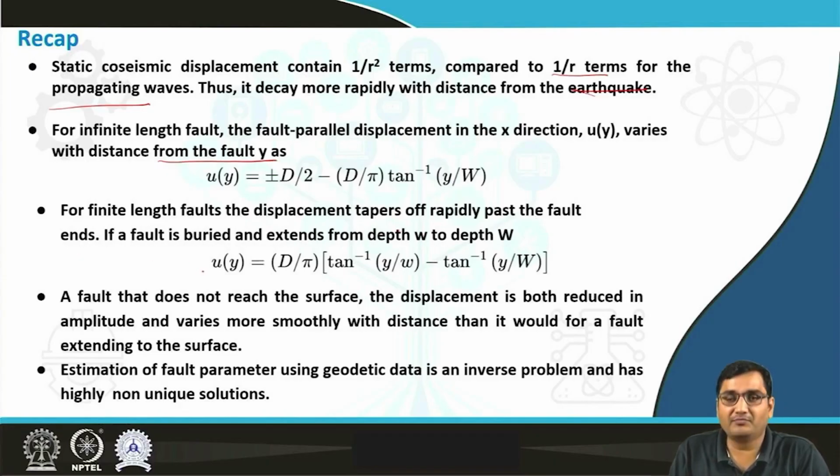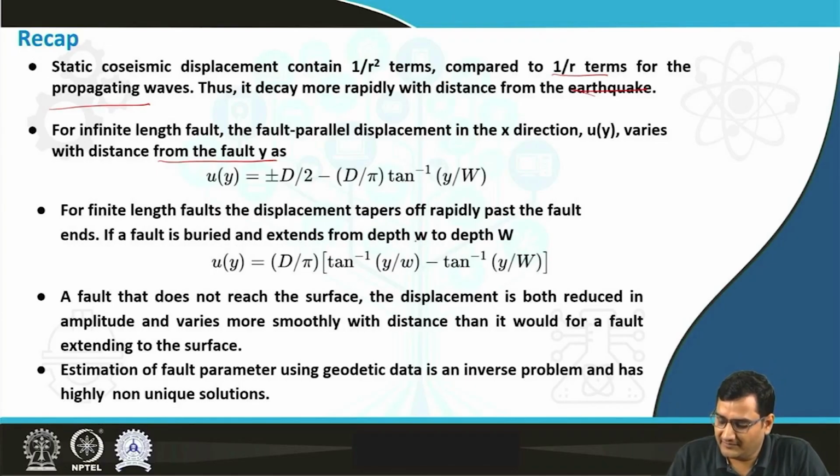We also discussed the buried fault, also known as a blind fault. It has a certain depth after which its exposure basically can be felt, so it is not exposed on the surface.